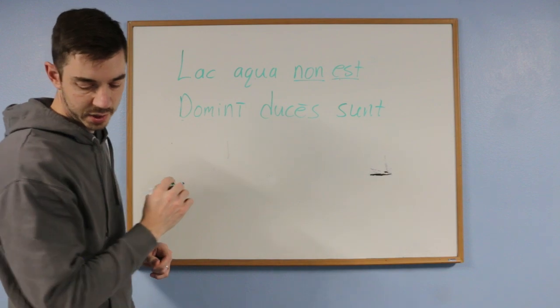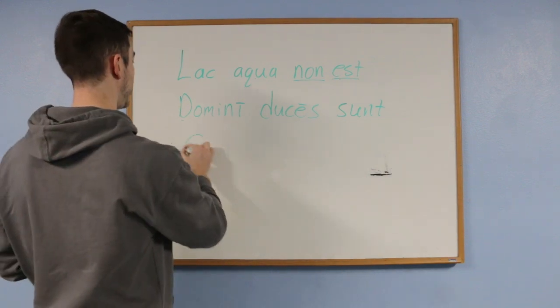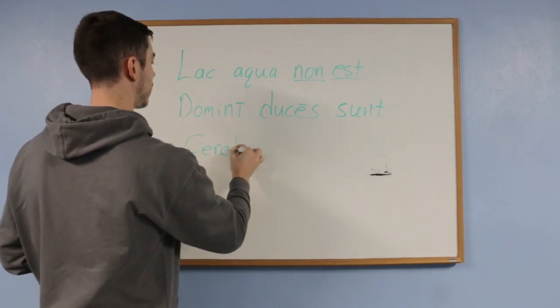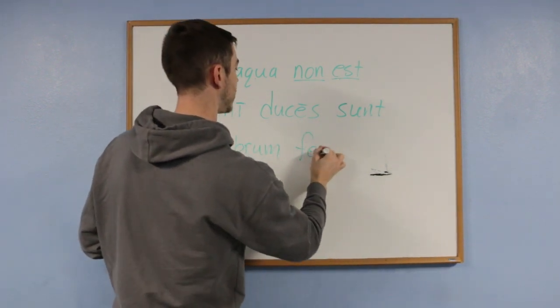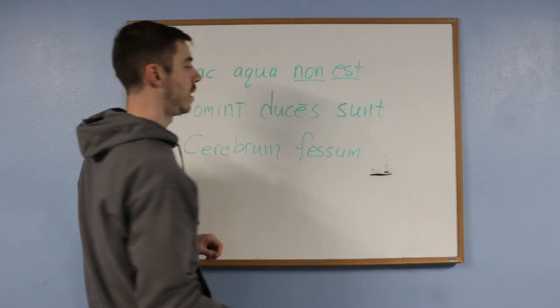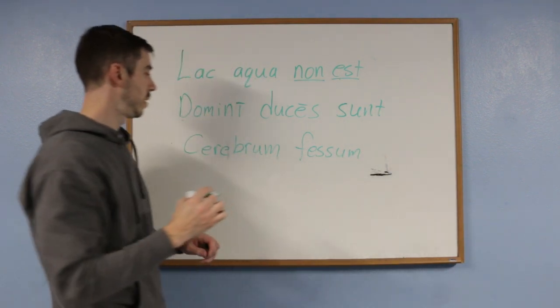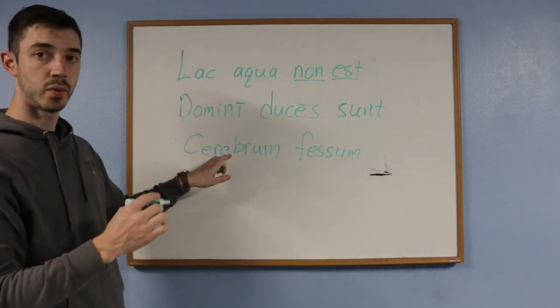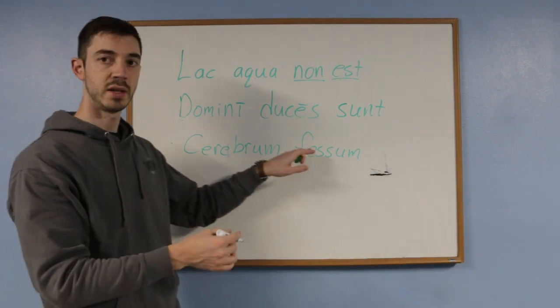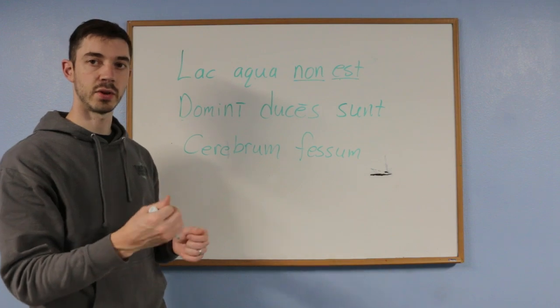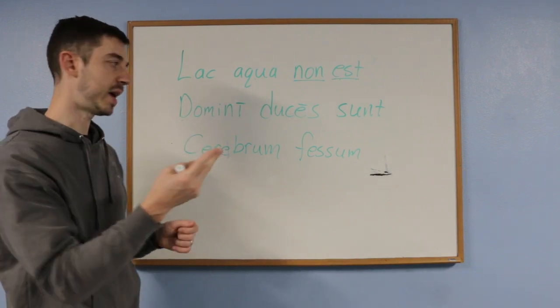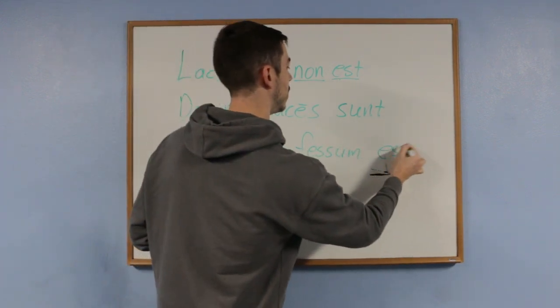So next we have, the brain is tired. So we have cerebrum, fessum, and then the brain, we want to say the brain, it is tired. So we want the third person singular, so est is what we want.